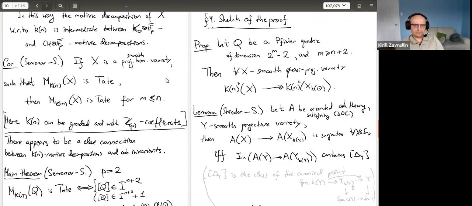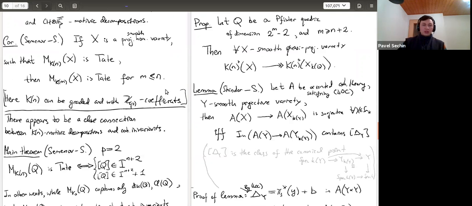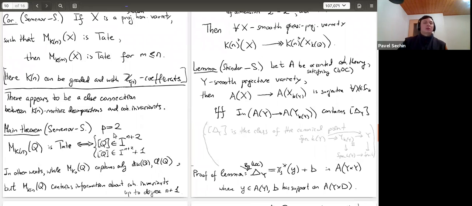so I think I've written in the abstract, but I haven't written here, and I don't want to make it precise, but there appears to be a close connection between motivic decompositions with Morava K-theories and cohomological invariants. But I would like to speak only about quadrics. So for quadrics, the prime number that you have to choose and work with is just p equals 2.